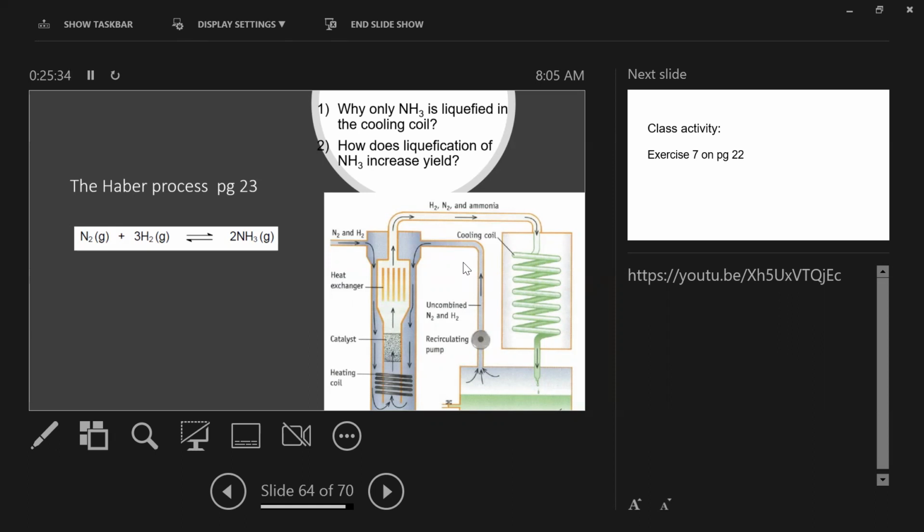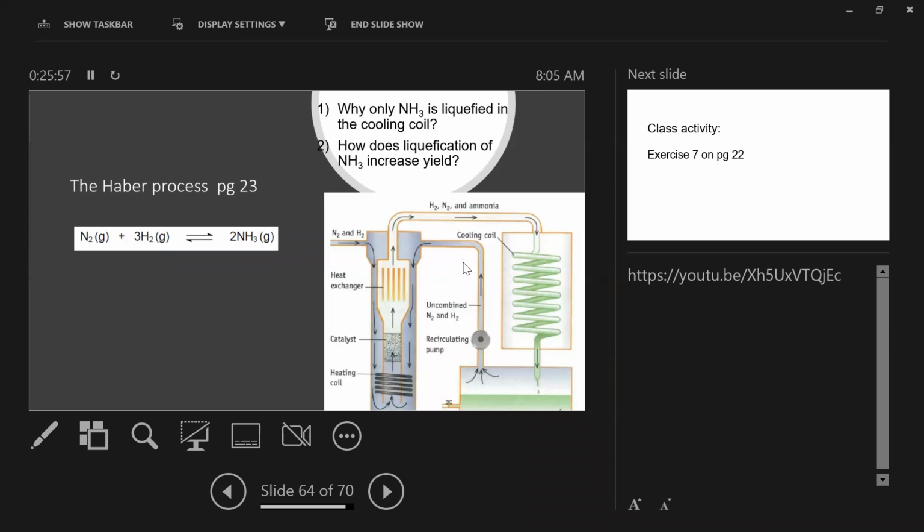Yeah. So if the temperature here is, say, minus 10 degrees Celsius, if the cooling coil has a minus 10 degrees Celsius temperature, then the boiling point of ammonia, hydrogen and nitrogen. Okay, so what does boiling point mean? Do a search.